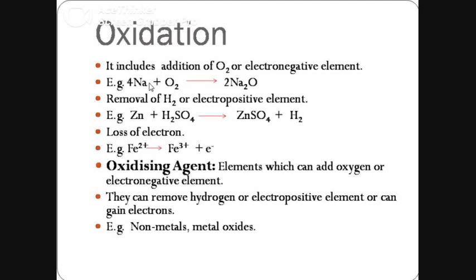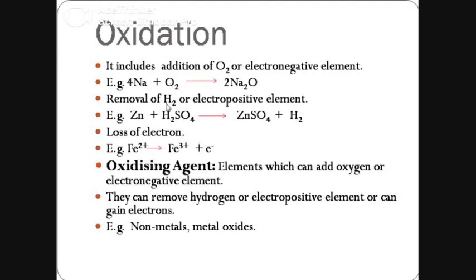Now for the example given here, sodium atom when it reacts with oxygen forms sodium oxide. That is, oxidation has occurred for metal sodium by addition of oxygen or electronegative element, as oxygen is a non-metal having 6 electrons in the outermost shell, so it will gain 2 electrons to complete its octet.